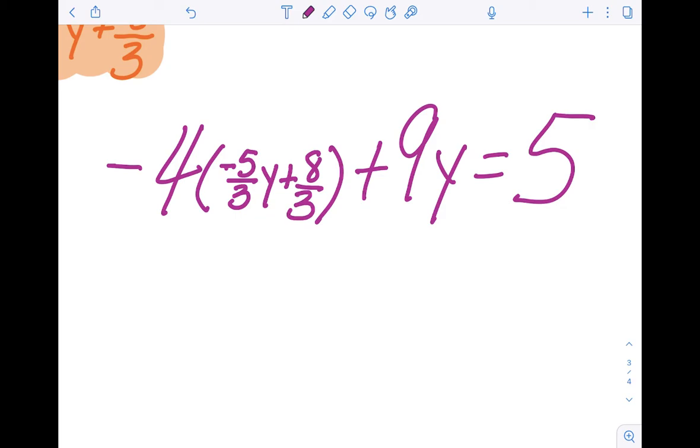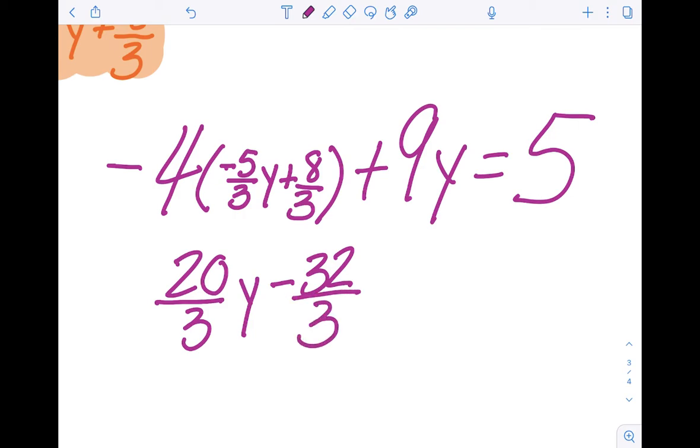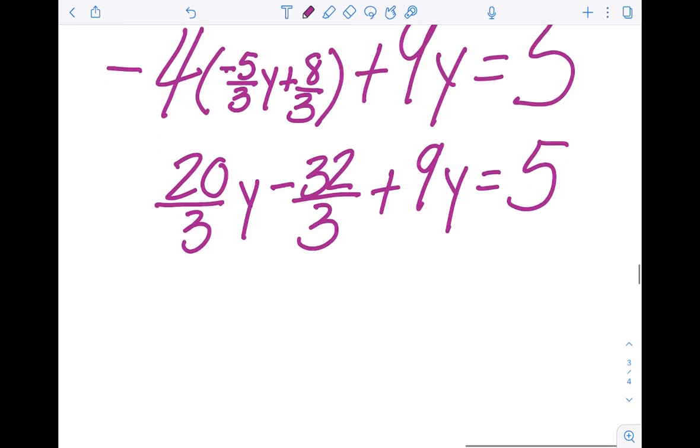So what I'm going to do is I'm going to multiply negative 4 times negative 5 is a positive 20 over 3y. Negative 4 times 8 is a negative 32 over 3. And I still have my 9y is equal to 5, like that.